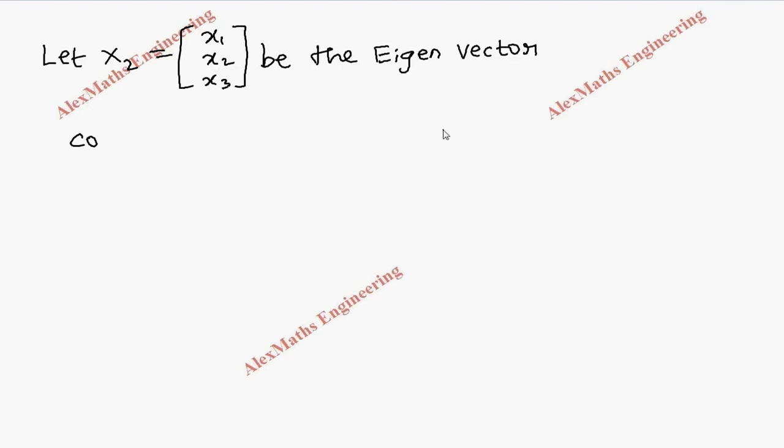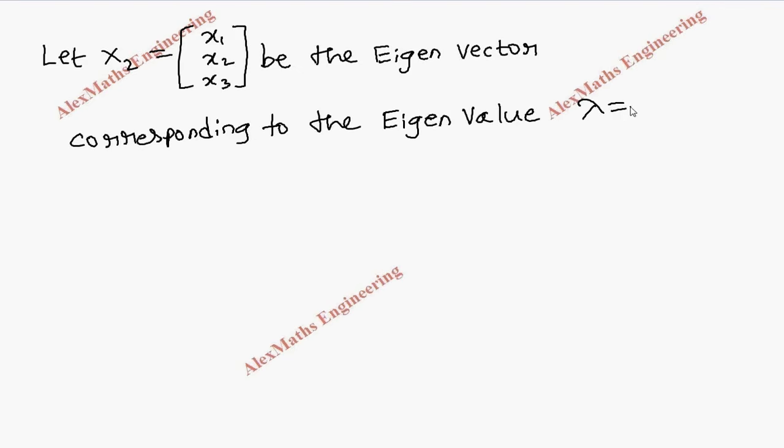Now we are going to take x2. Let x2, having the elements x1, x2, x3, be the eigenvector corresponding to the eigenvalue lambda equal to root 5.